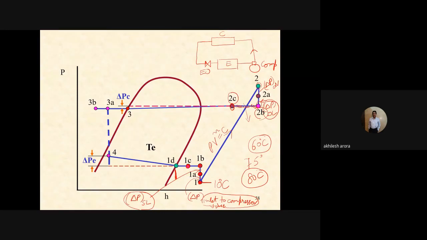That's true. But simultaneously, because of the length of the condenser, there will be pressure drop. So it won't be a straight horizontal line. It would be a tilted line.